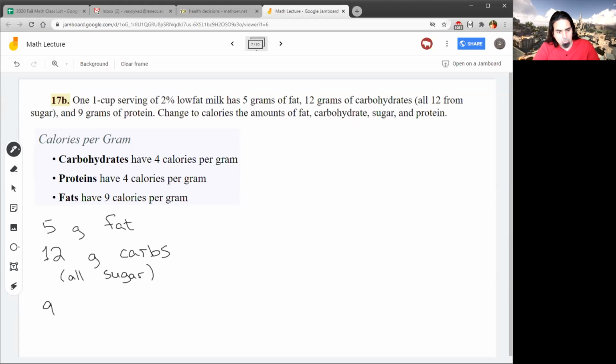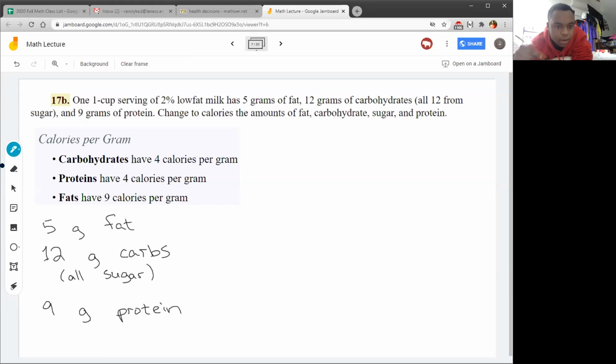And 9 grams of protein. So let's change this gram amount into calories amount for all 3. So for fat, what do we multiply by? 9. And for the carbs and the protein, those are the 4s.